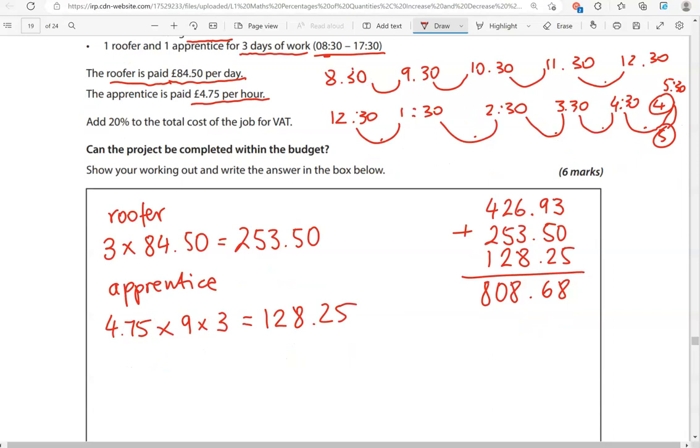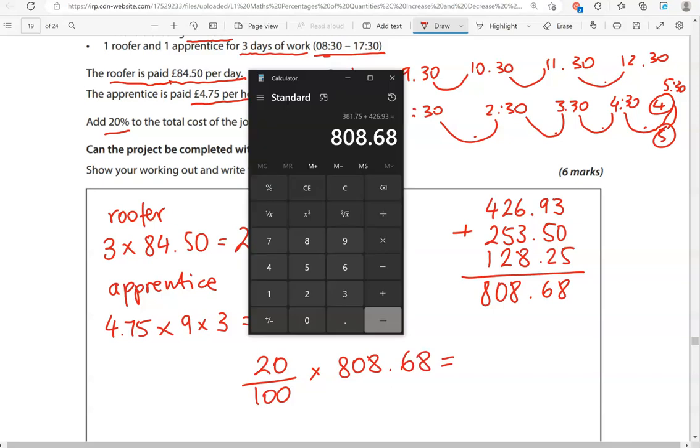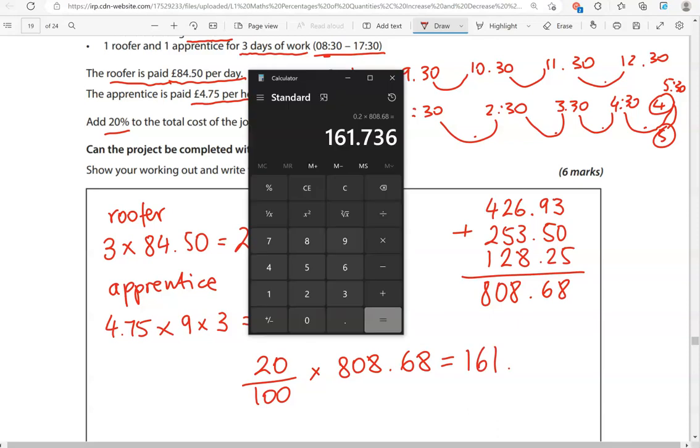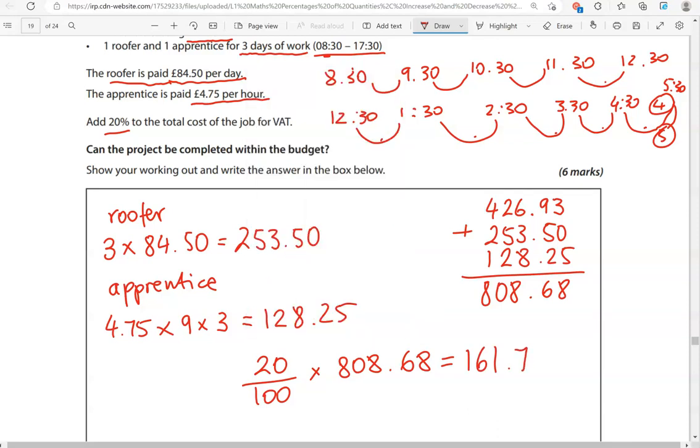Now we're going to need to add 20% VAT, so 20% of £808 and 68 pence. We do 20 divided by 100 times 808.68, which is £161 and 74 pence.